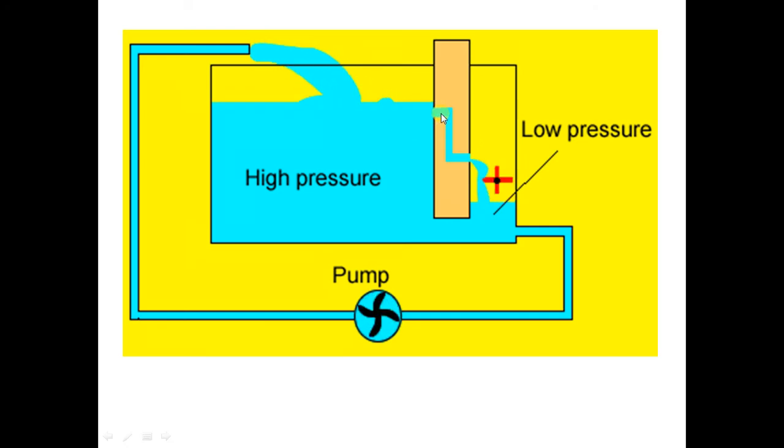If you give a thin path between these two, the high pressure water tries to flow through this thin path, turning this turbine. So this turbine will be rotating, right? And the flown water is again pumped back to the high pressure area by this pump.